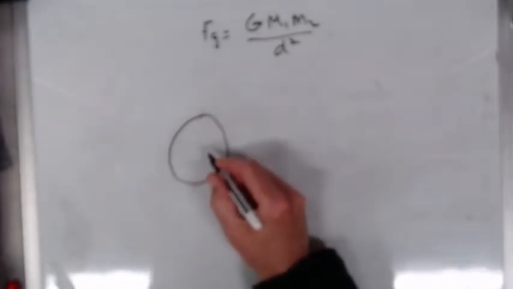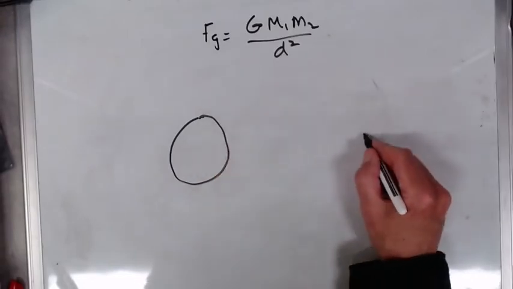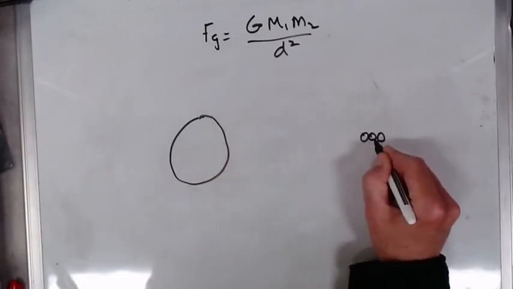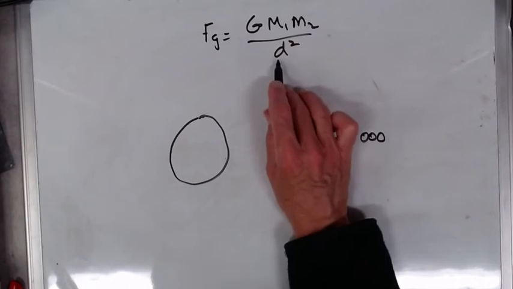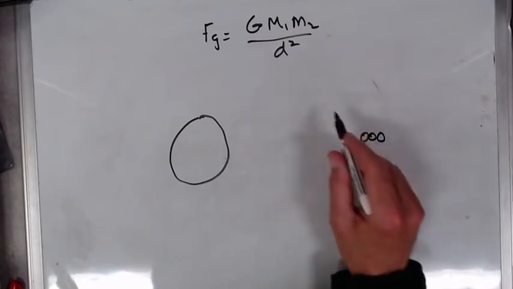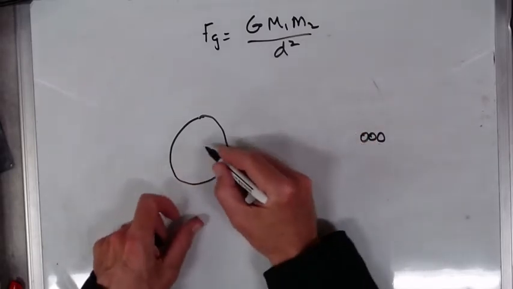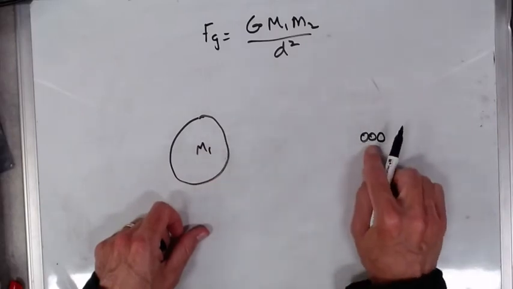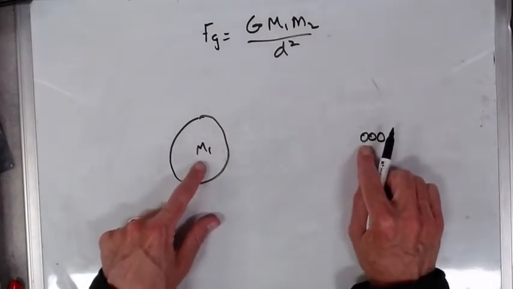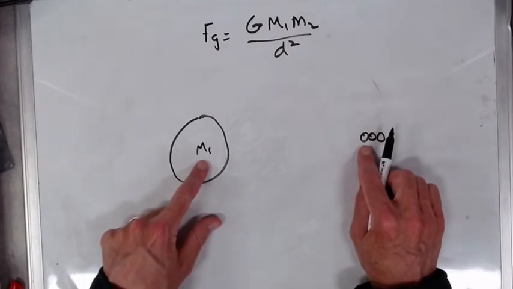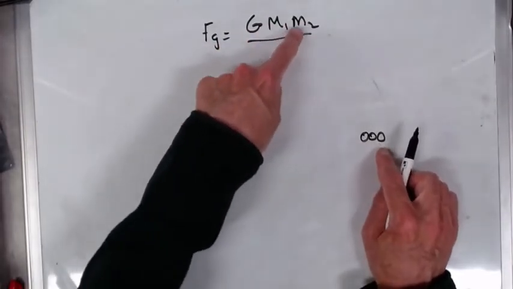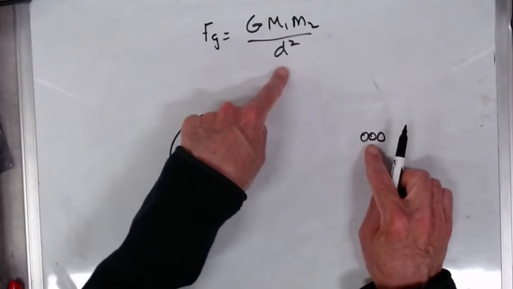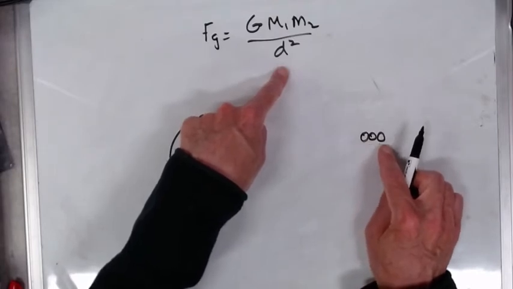And so let's pretend this is a planet or a moon or something like that, some big object, and this is a bunch of little objects. You can imagine these as like basketballs or billiard balls or something like that. Since the formula for gravity has distance in its denominator, if all these guys have the same mass, then if I call this one m1 and each one of these in succession m2, then this planet m1 is pulling harder on this guy than on this guy because the numerator is the same, assuming they're all the same type of basketball, but the denominator is larger for the farther away ones successively.